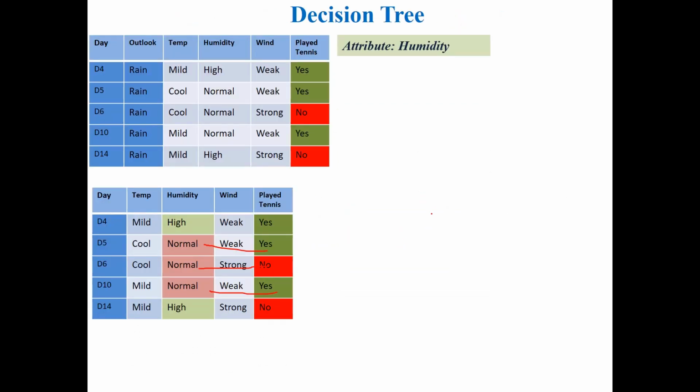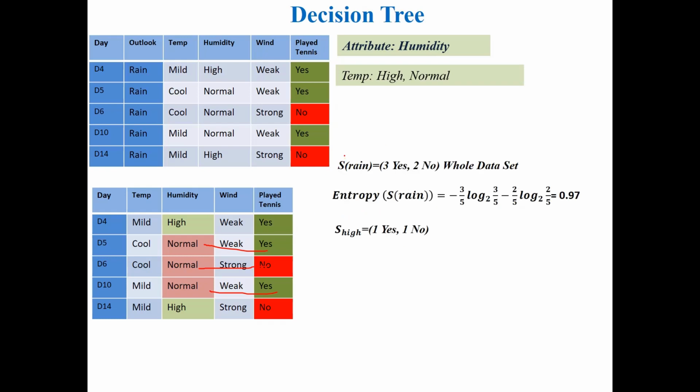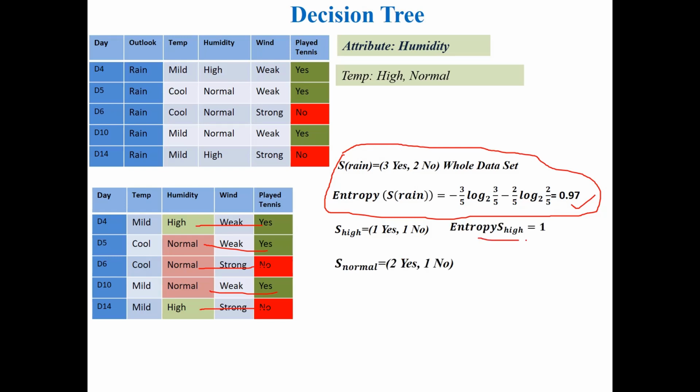Now for humidity, two values are there: high and normal. First, as per the regular procedure, we find the entropy of S rain, which we already calculated, and it comes out to be 0.97. Now we start with the high examples. One yes and one no for high, so entropy will be equal to 1 for S high.